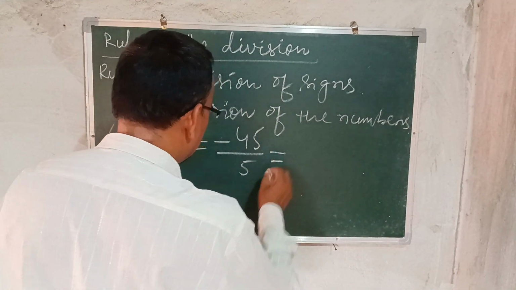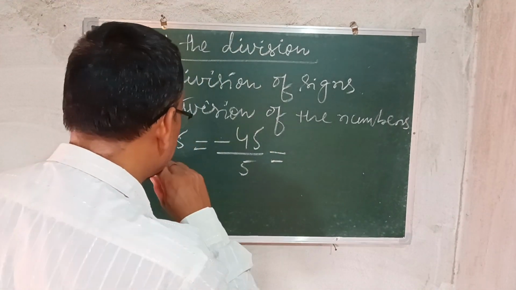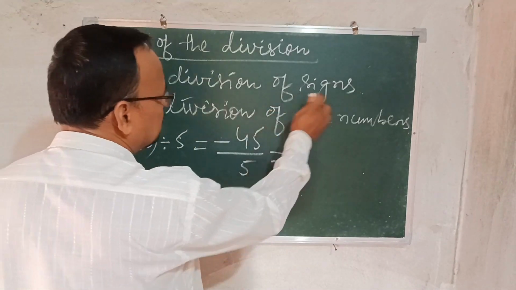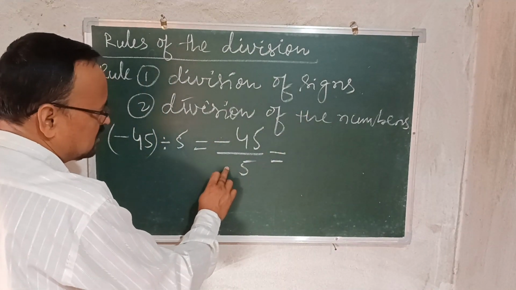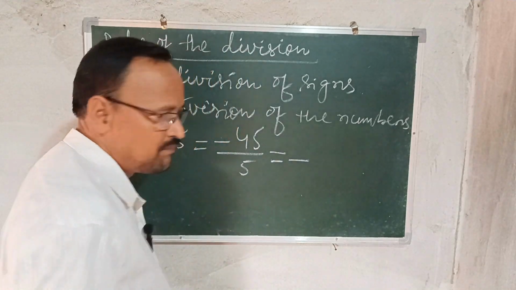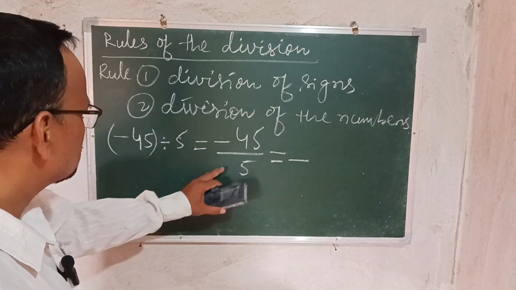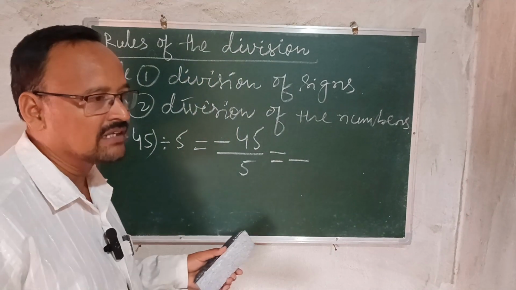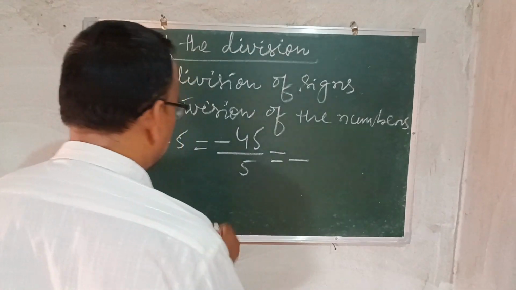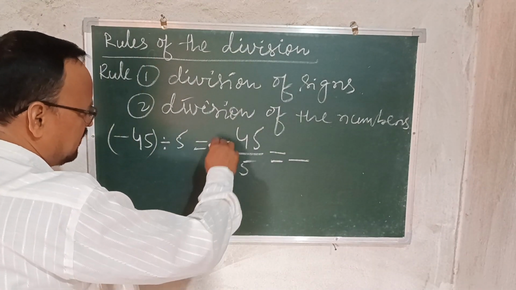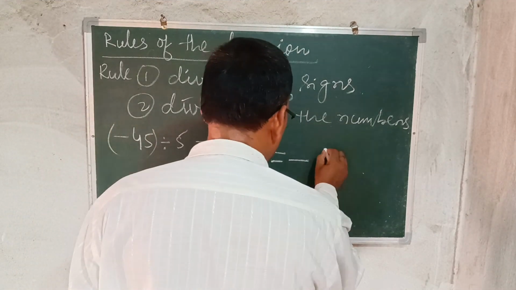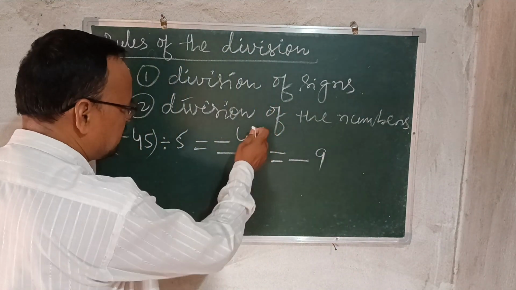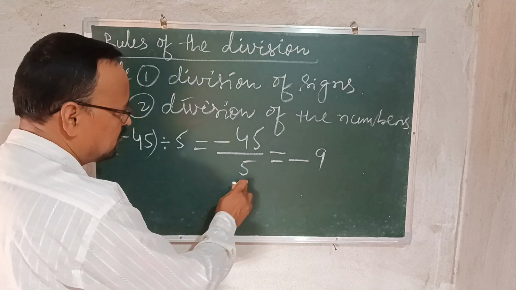First, the division of signs: minus divided by plus is minus. The rules of division are the same as the rules of multiplication. And 45 divided by 5 is 9, because 5 nines are 45. So when 45 is divided by 5, we get -9.